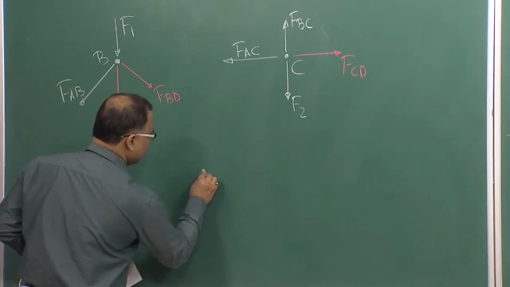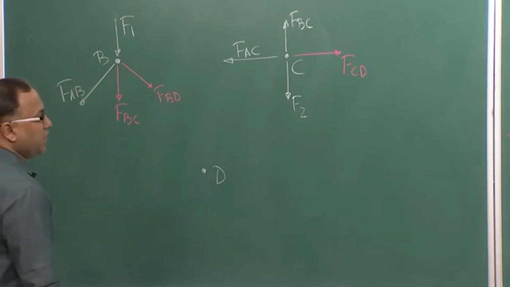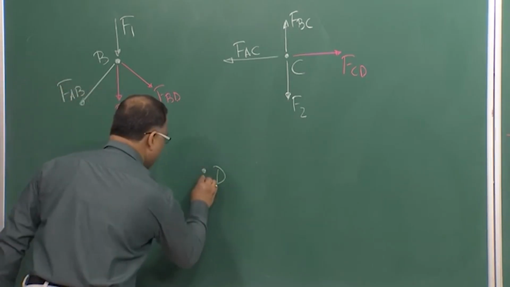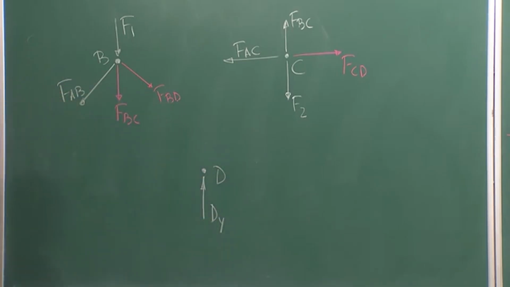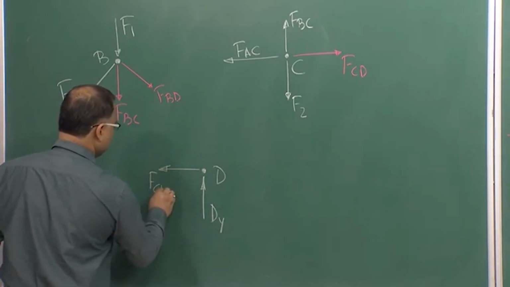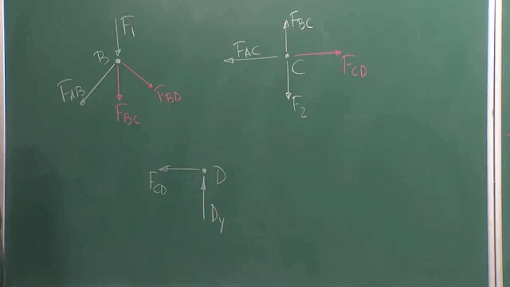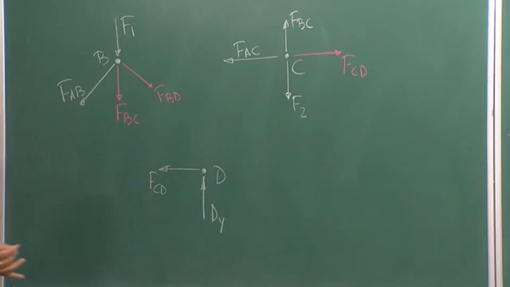So, this is my joint D. At joint D you have Dy, which is known to you. You have CD, which you got when we considered joint C. Now, the only unknown force is, oh no, even FBD is known to you, right.